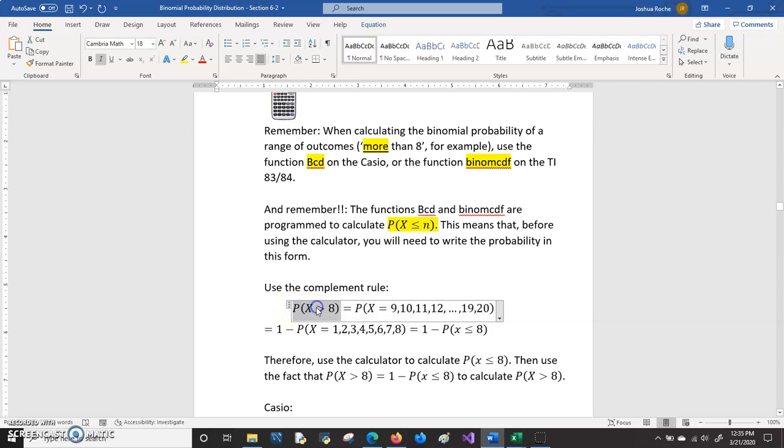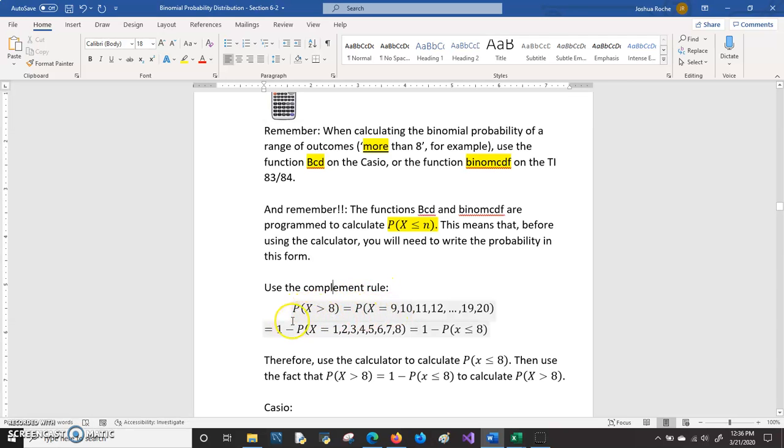In this case, we're trying to find the probability that x is more than 8. Remember that that means that x could be 9, 10, 11, 12, 13, 14, 15, 16, 17, 18, 19, 20. We want to somehow make it turn around so that it's in the form of less than or equal to. And the way to do that is to use the complement rule.